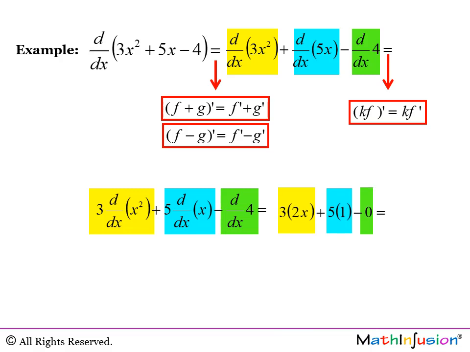In the first one, it's 2x, the second one is 1, and d/dx of 4, because 4 is a constant, is 0. So we get 3 times 2x plus 5 times 1 minus 0, which is 6x plus 5.